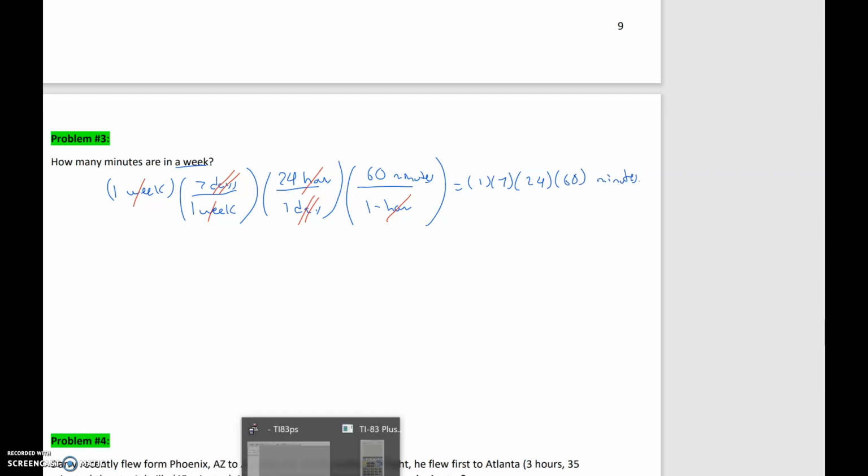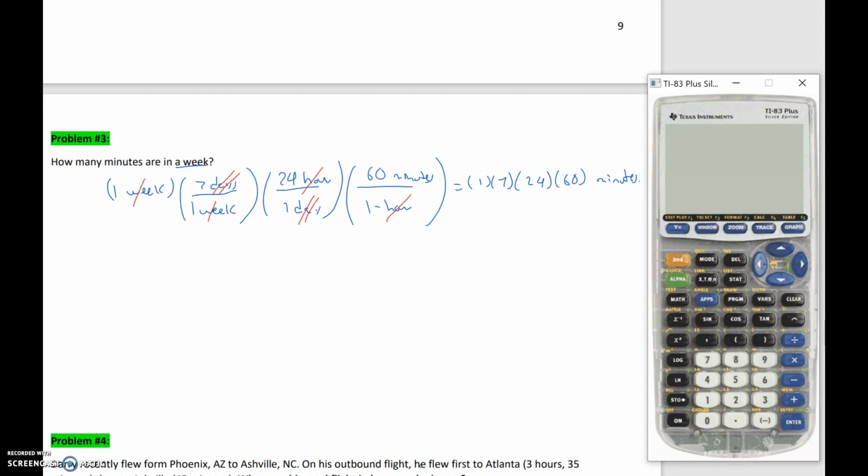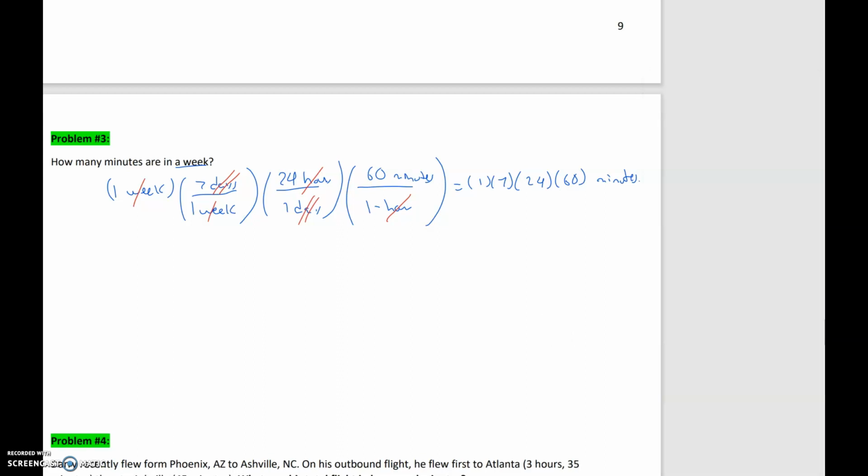So let me throw it into the calculator. So this will be 7 times 24 times 60. And we're getting that value, 10,080. Actually, wait, not seconds, minutes.